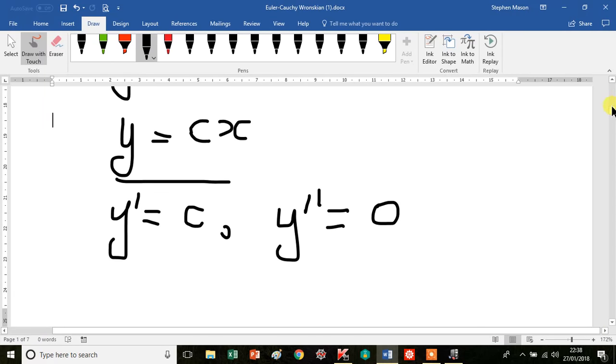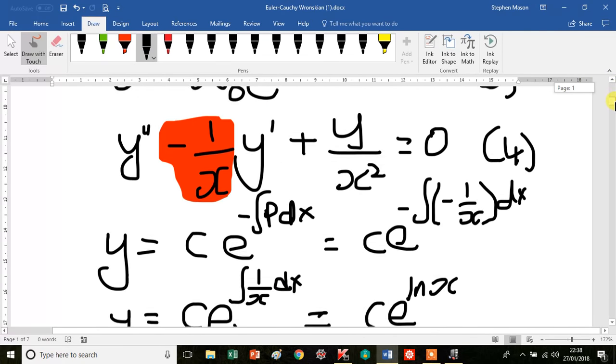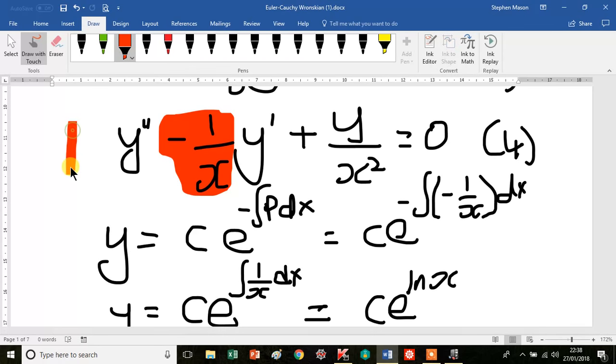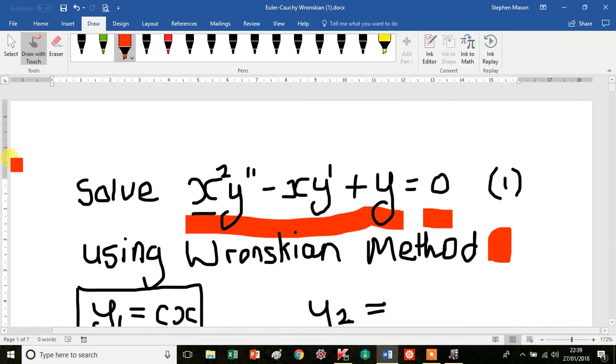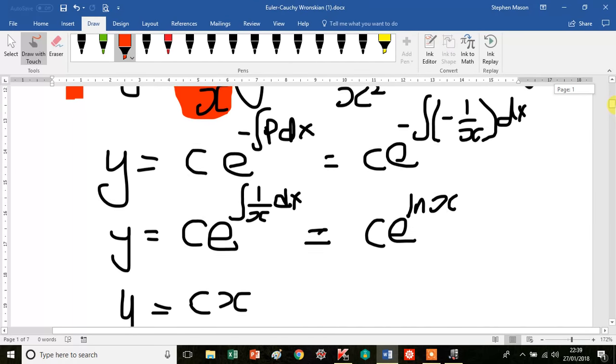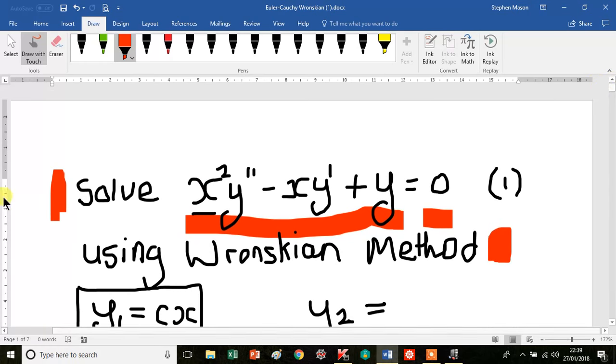Right, okay, so I'm actually going to write this equation out again. And of course, it doesn't matter whether we use equation 4 or equation 1 to show that y equals cx is a solution. So I'm going to use the simplest one. So I'm going to use equation 1.